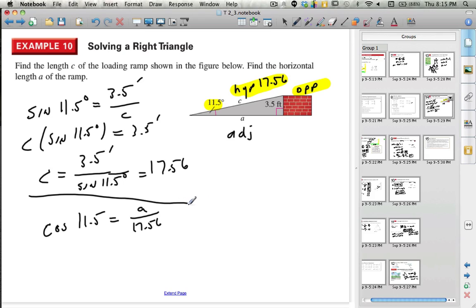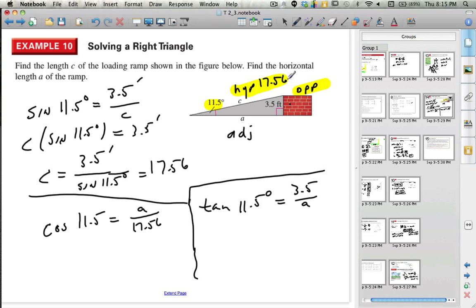Equally, I could write another equation using the original supplied information of opposite over adjacent and do tangent of 11.5 degrees is equal to 3.5 over a. I could do either one of these, but I'm going to do them both because I want you to see how rounding error from my having rounded this value can affect your answers a little bit. So again, I'm going to multiply by a, and divide by tangent. A will be equal to 3.5 divided by tangent of 11.5 degrees.